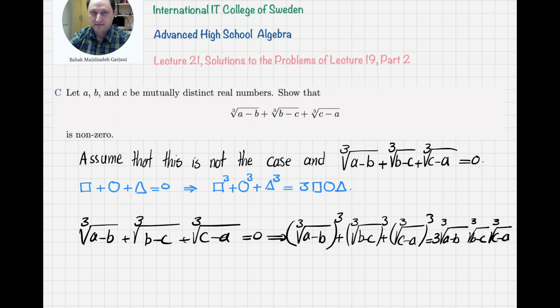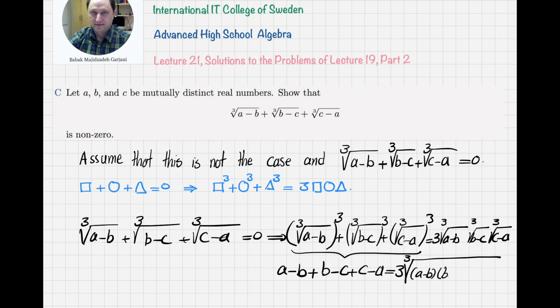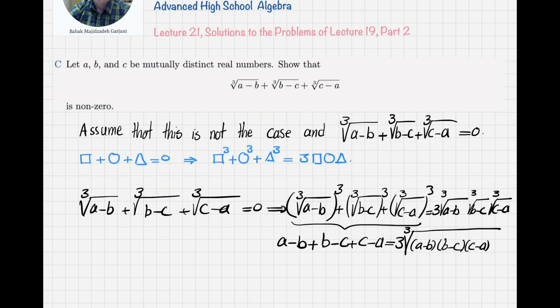This implies that the left hand side of this identity can be written as a minus b, because this third root to power 3 gives a minus b, plus the second one b minus c, and the last one c minus a. On the right hand side I can write 3 times the third root of a minus b times b minus c times c minus a. Yes?